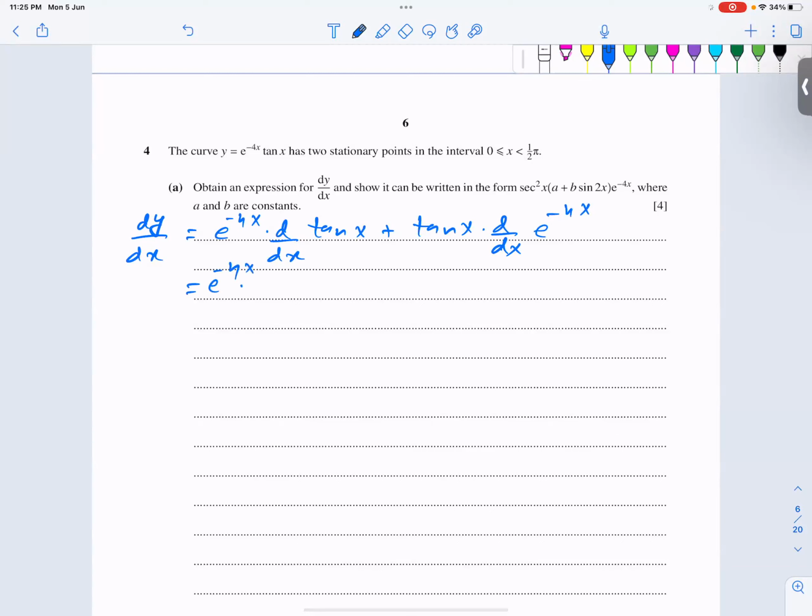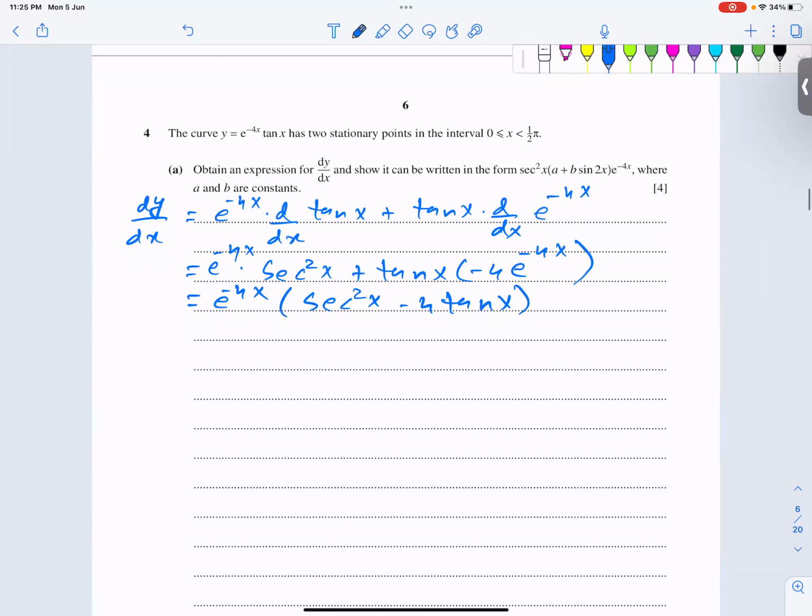Derivative of tan x is secant square x, plus tan x into derivative of e to the power negative 4x, which is minus 4 e to the power minus 4x. So just take e to the power minus 4x common, and you will have secant square x minus 4 tan x. Now we need to bring this to the required form.